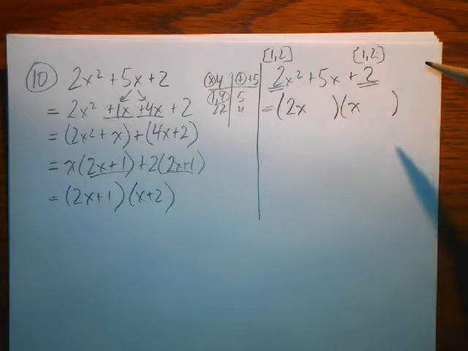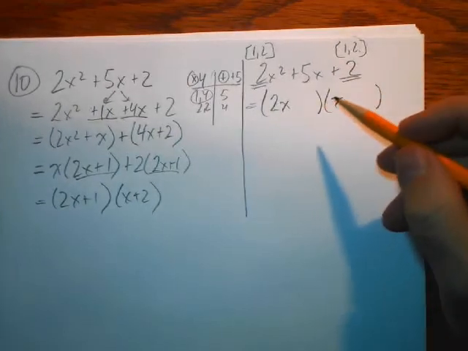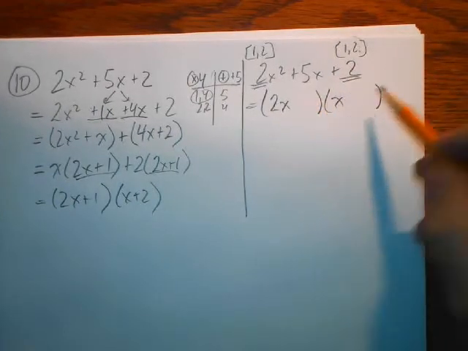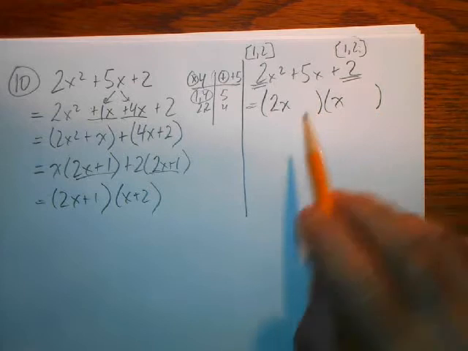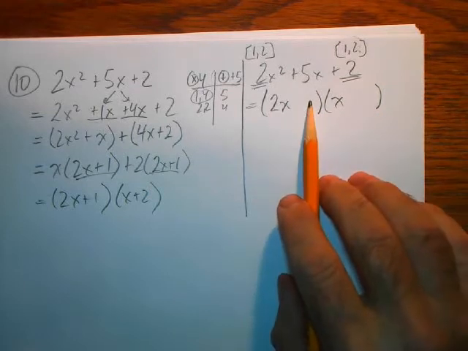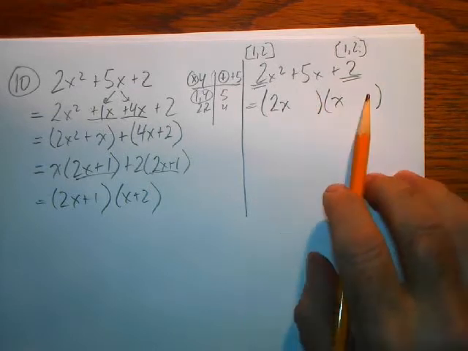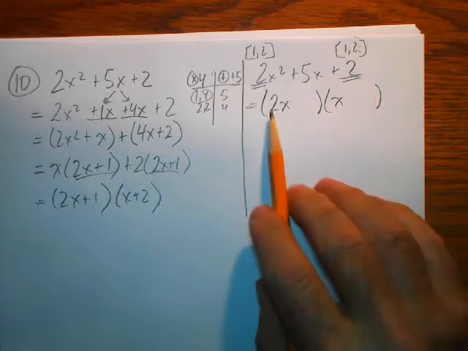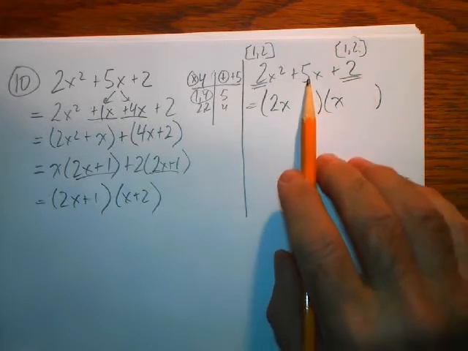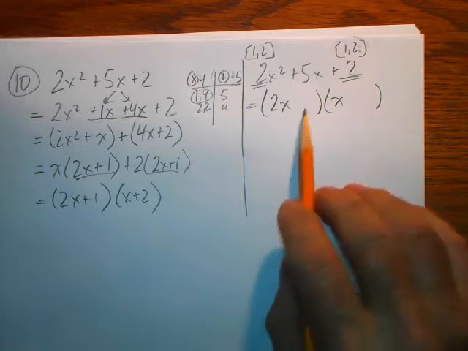If I imagine I put a 2 here, that's going to give me a 2x. If I put a 1 here, that would give me a 2x there. Well, that's not going to give me 5x, that's going to give me 4x. So in this case, I need to put the 2 here and the 1 here.